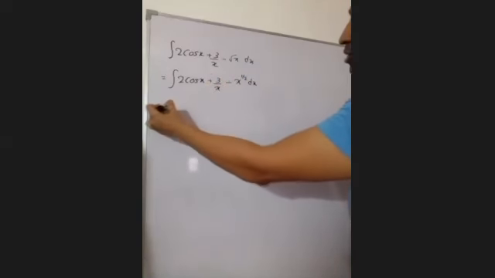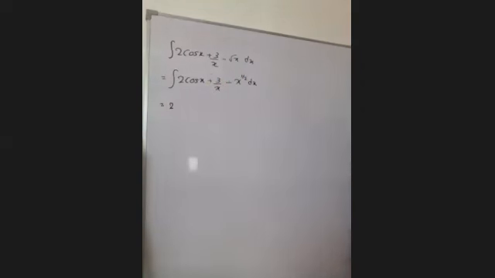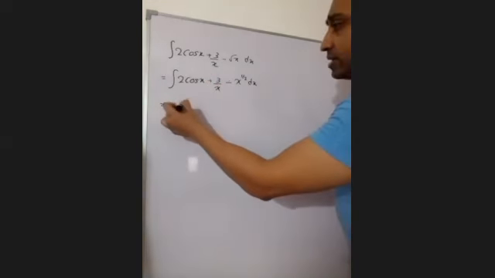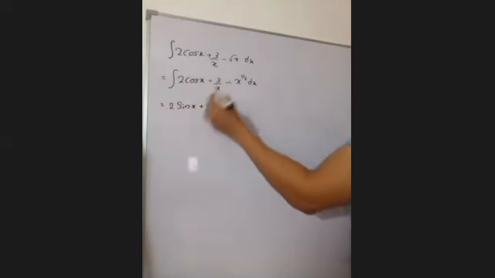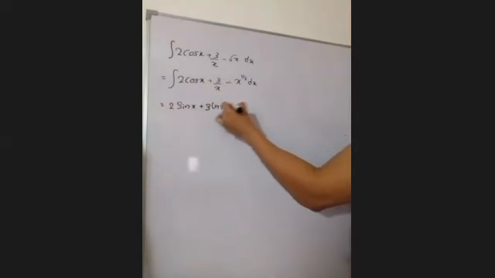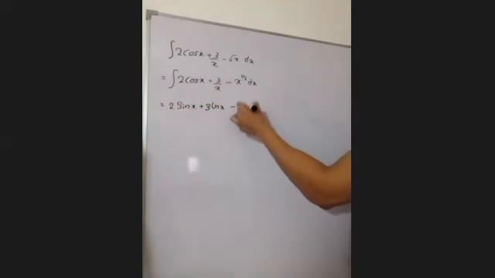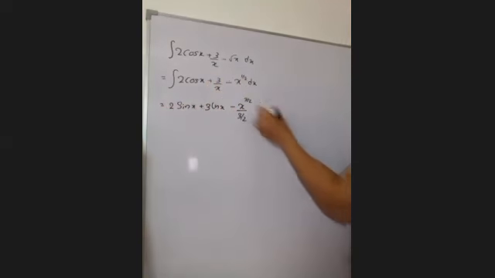Then we know that 2 times integration of cos x. Integration of cos x is sin x, plus 3 times integration of 1 over x is ln x, minus x to the power half integration is x to the power 3 over 2 over 3 over 2, plus c.